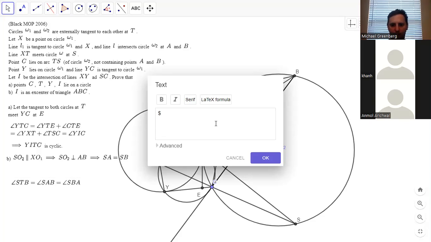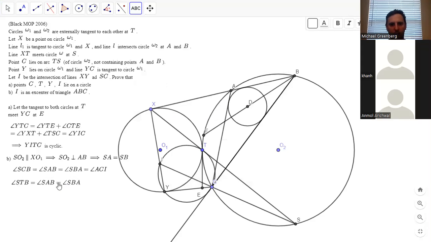So angle SCB, SAB, angle SBA is equal to angle ACI. So that proves basically that CI is the external bisector.